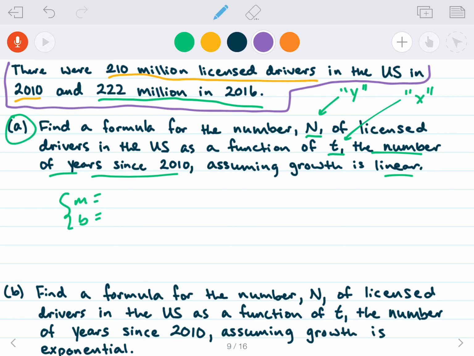Because our input is going to be time since 2010. So we're treating 2010 as if it's like time 0, basically. So our starting value is 210 million. I'm just going to put 210, and we're going to say that that's 210 million.